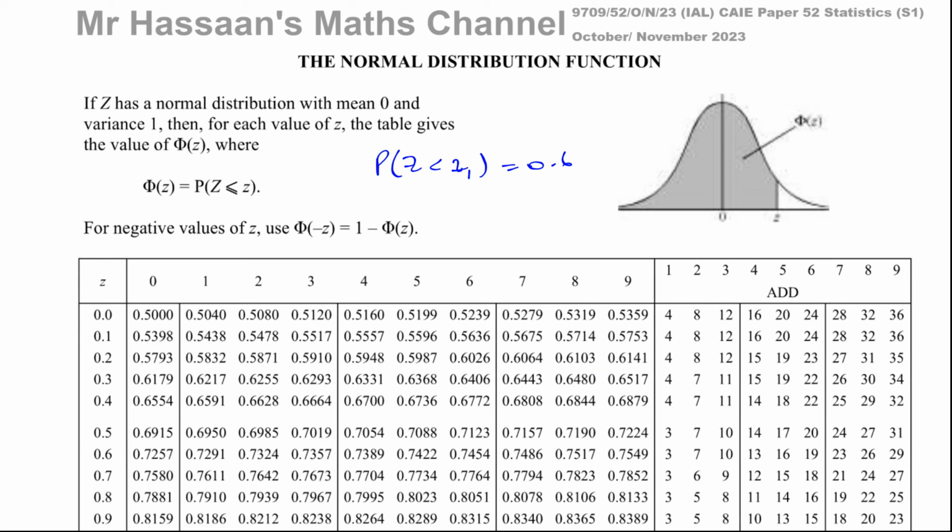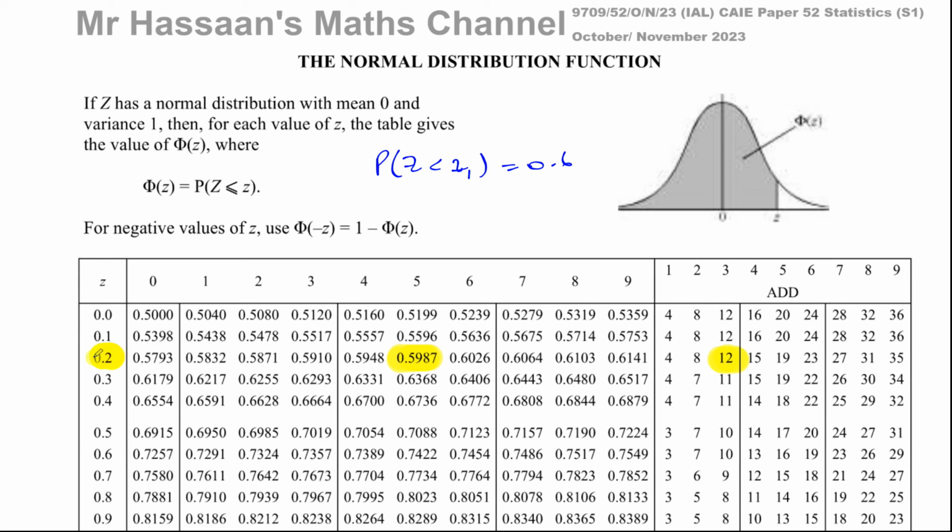So if I take this value over here, and I take this 12 to add to the end of this, this will be 0.5999 because 87 plus 12 is 99. So this is going to be combined, give me the closest possible value. Okay, so what is the z value that corresponds to this 0.5999?